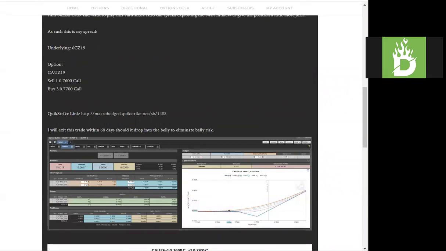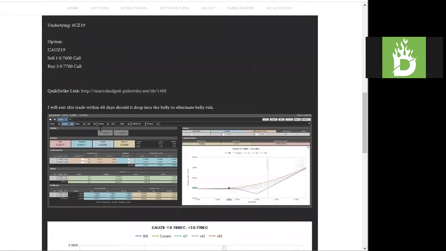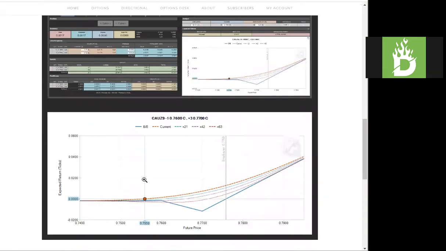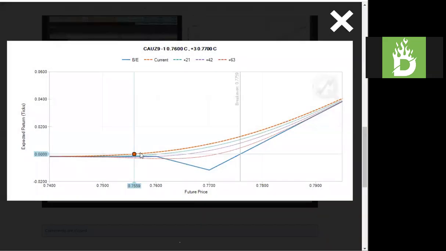Now, the exit of the trade was within 60 days. I think we did it about that. I think we might have given it a few more days, because even though you're right, we weren't right enough, if that makes sense. As time passes, these lines are showing you your P&L, and you slowly drop down.